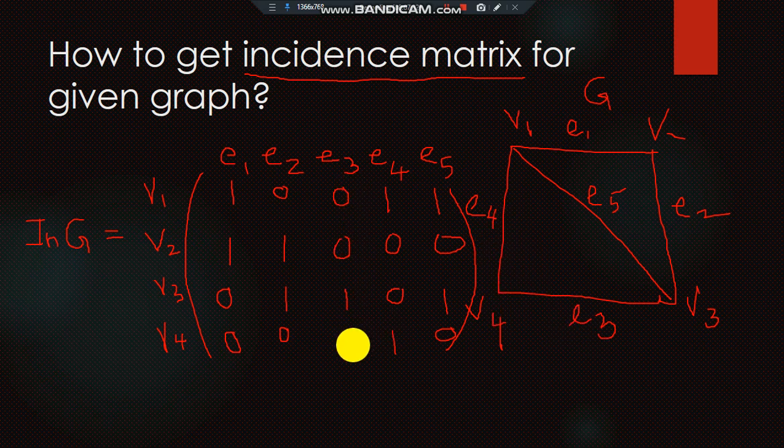So for E3 you put 1, for E4 you put 1, and for the others you put 0, 0, 0. And this is the way, if graphs are given, we can find the incident matrix. Okay. Thank you very much.